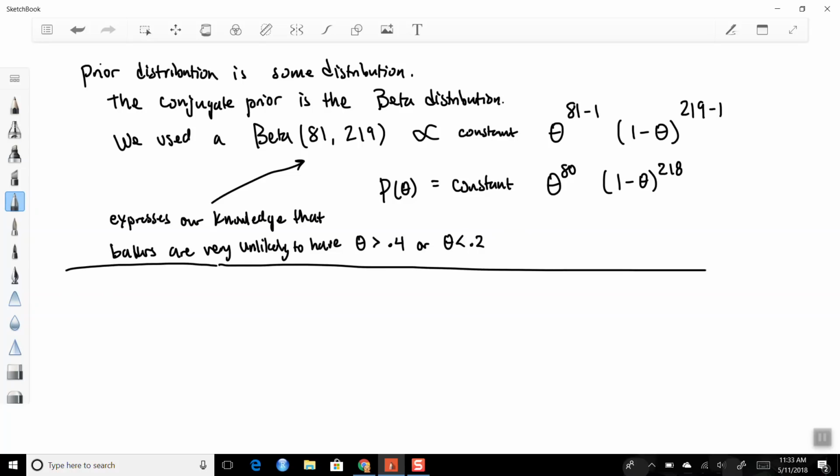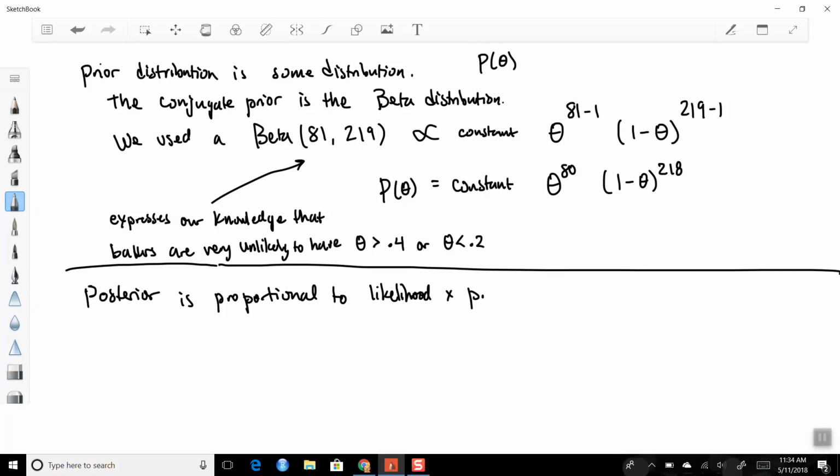And then, so now the posterior, so the prior is p of theta, right? Okay, and then the posterior is proportional, from Bayes' rule, to the likelihood times the prior. So we have the probability of theta given the data is proportional to the probability of data given theta times the probability of theta, okay?